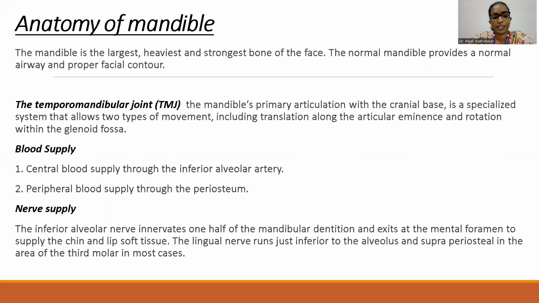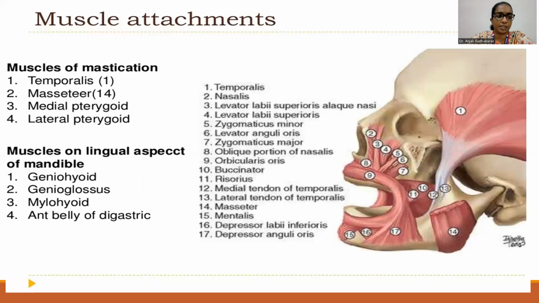Nerve supply is by the inferior nerve, which innervates one half of the dentition and exits at the mental foramen, supplying the chin, lip, and soft tissue. The lingual nerve runs just inferior to the alveolus in the supraperiosteal area of the third molar, and it supplies the anterior two-thirds of the tongue.